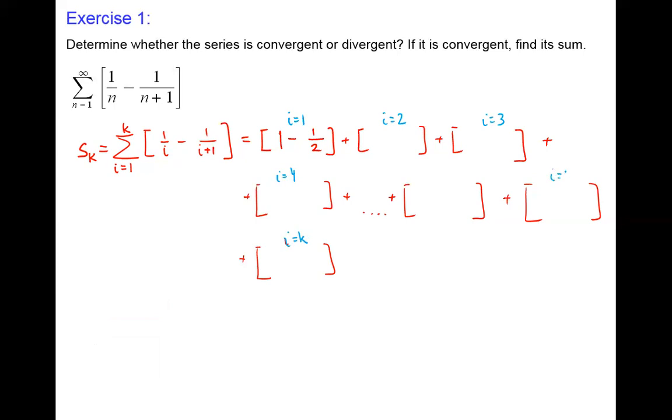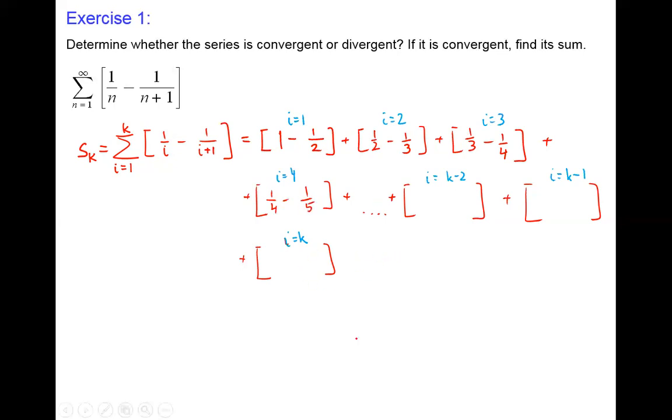One before that will be i equals k minus 1, then k minus 2, and so on, of course going backwards. Okay, let's fill out the terms. If i is 2, I have 1 over 2 minus 1 over 3. If i is 3, 1 over 3 minus 1 over 4. If i is 4, 1 over 4 minus 1 over 5.